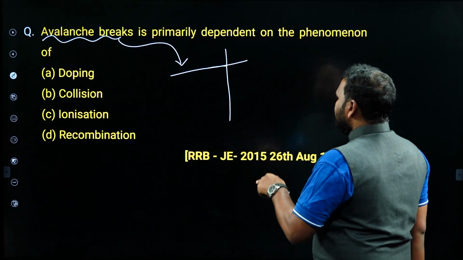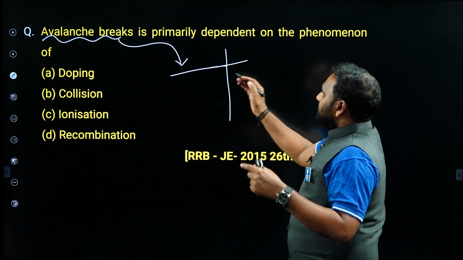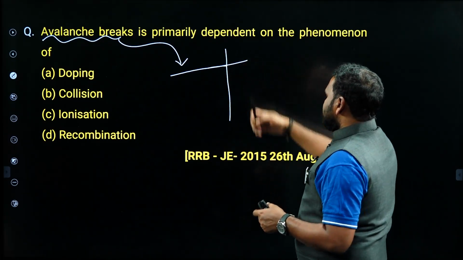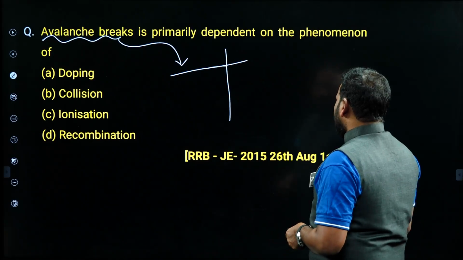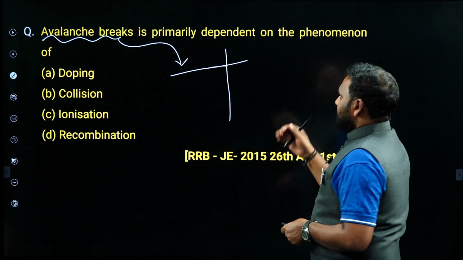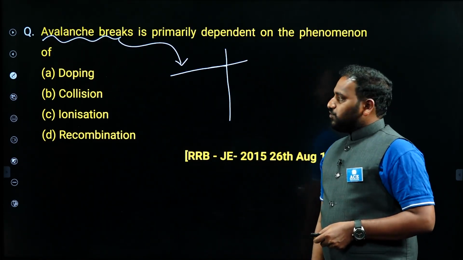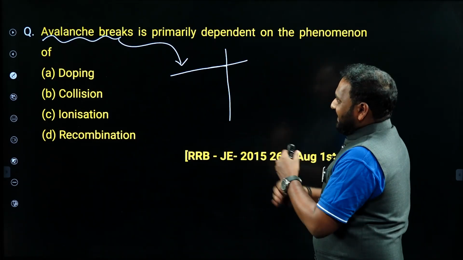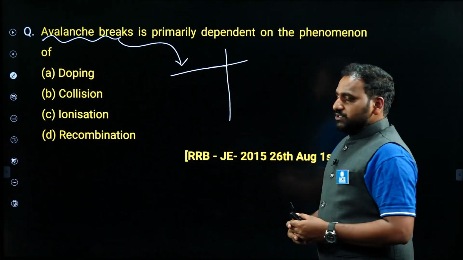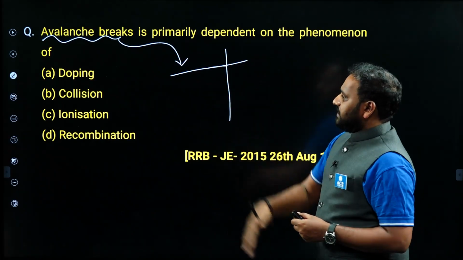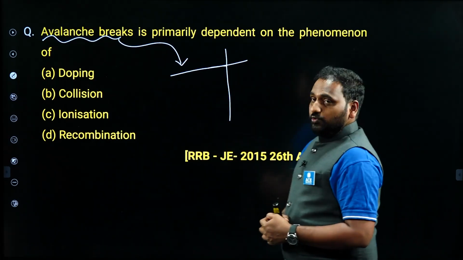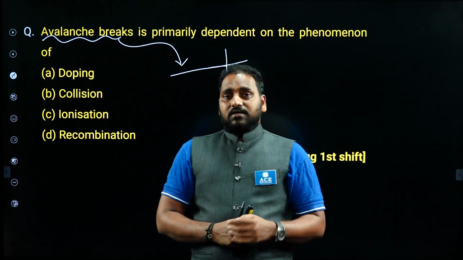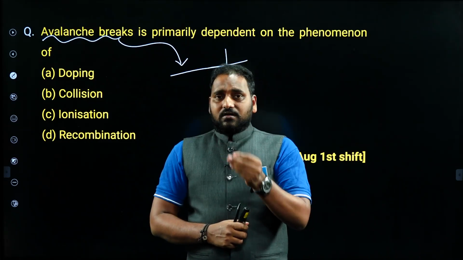The minority carriers or electrons can collide with the ions. Slowly, due to the increasing number of carriers, finally the device enters into the catastrophic effect called avalanche breakdown.